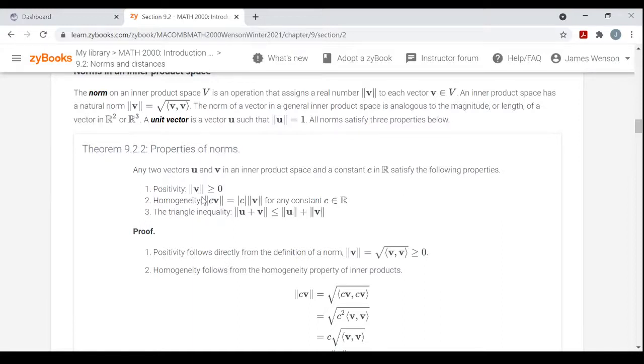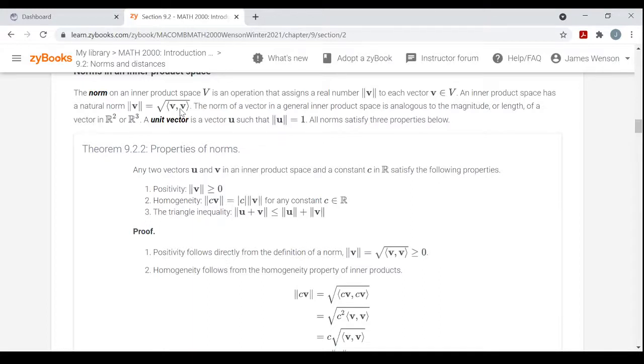And really, these first 2 properties of positivity and homogeneity come from the fact that you have an inner product here. If we're defining the norm to be the square root of the inner product of a vector with itself.